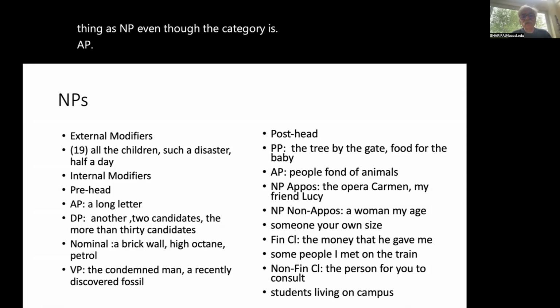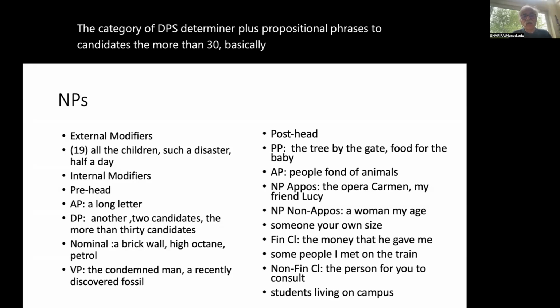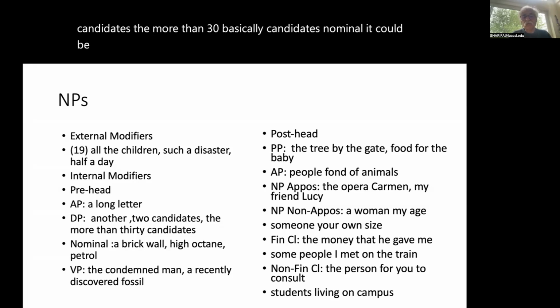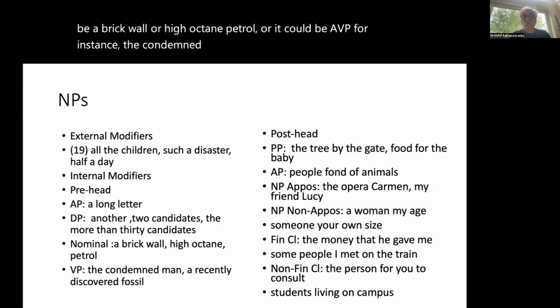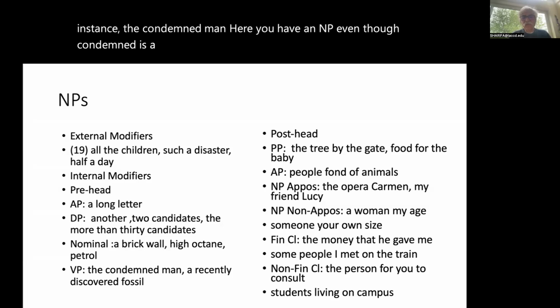The category of DPs, determiner plus prepositional phrases: two candidates, the more than 30 basically candidates. Nominal, it could be a brick wall or high octane petrol, or it could be a VP, for instance, the condemned man. Here you have an NP, even though condemned is a verbal phrase.